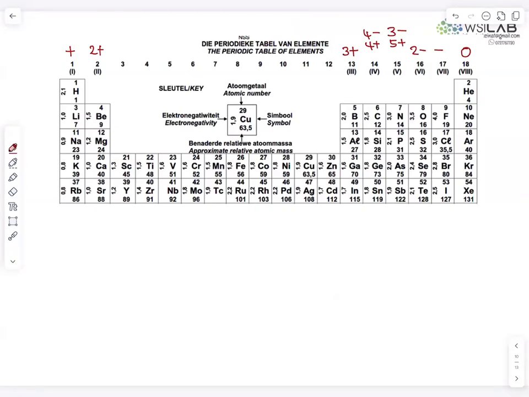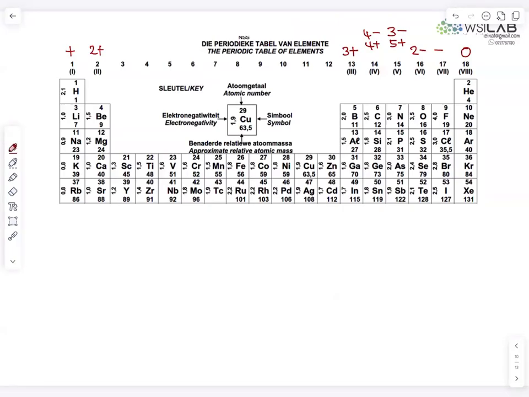It all depends if they are bonding with metals or non-metals. So this is the important thing I want you to write on your periodic table. Because the group number also in a way represents not just the amount of electrons in the outer shell, but also the charge that it will have, because it will always lose those electrons or gain electrons. Okay, I've written it down.